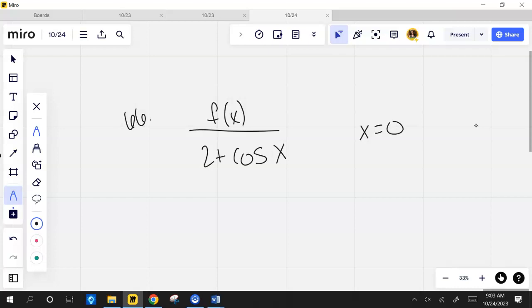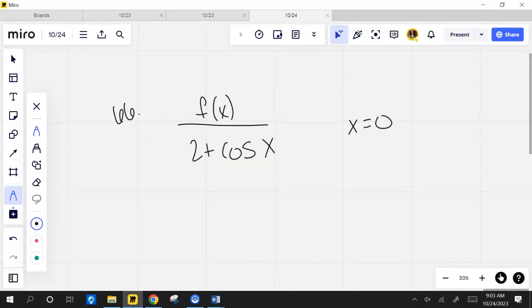Okay, tell me what you did. Didn't say find the derivative? Find the derivative of this. Oh, you're doing... Since it's a function and a function, I would go ahead and do quotient.